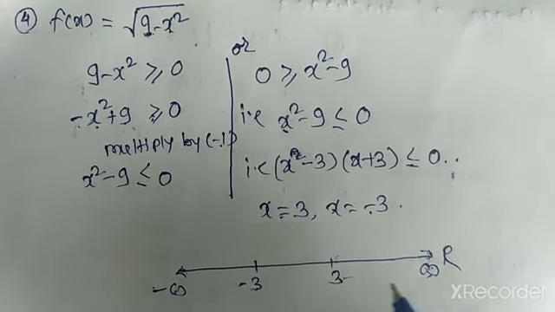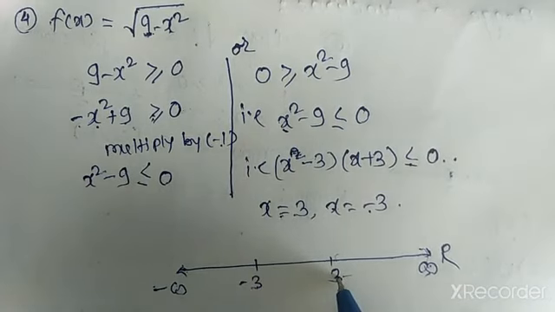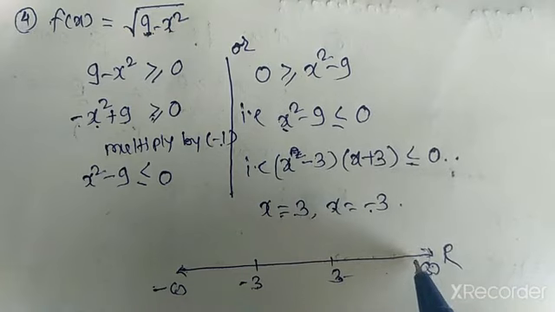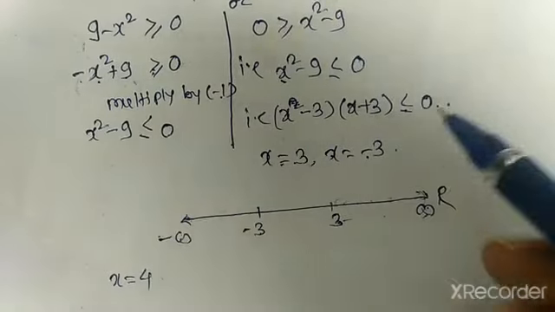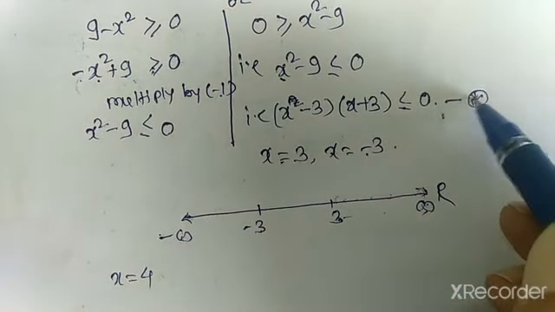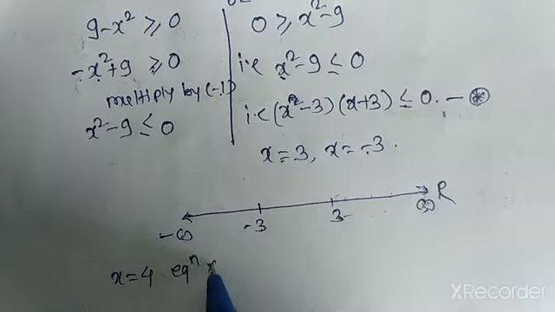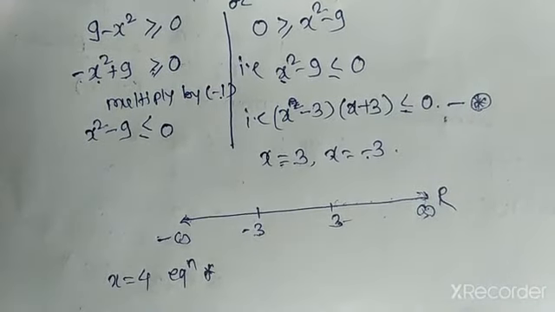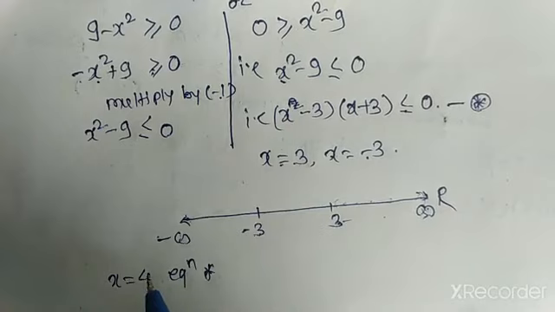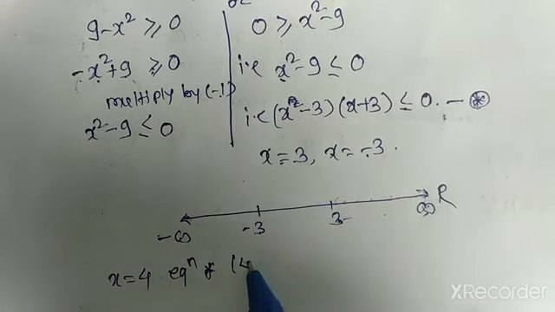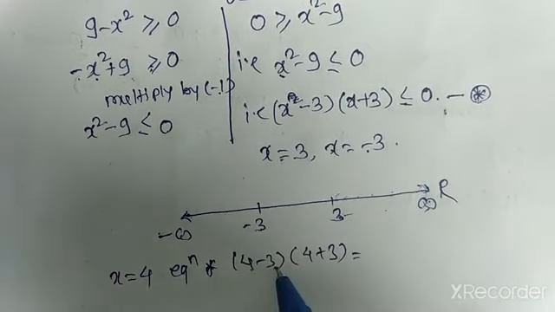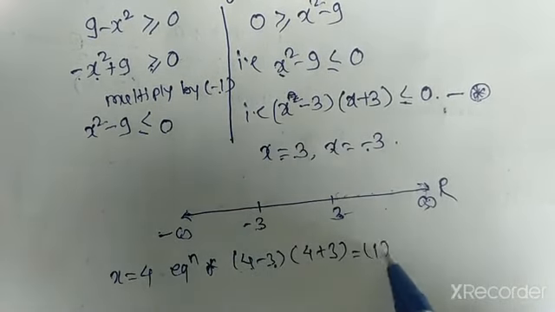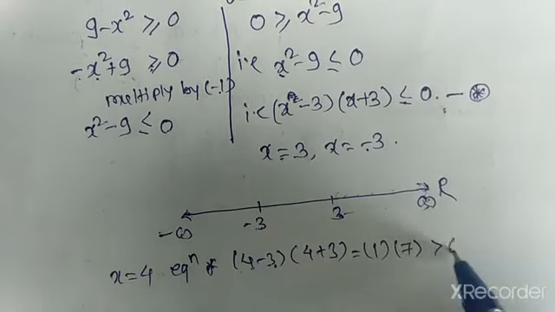Now for that, if you consider a value of x greater than 3, which should be present on the right side of 3, say x is equal to 4. In equation star, we have to check only the sign, whether it is positive or negative. So for x is equal to 4, it will be (4 minus 3) into (4 plus 3), which is positive. 4 minus 3 is 1 and 4 plus 3 is 7, which is greater than 0.